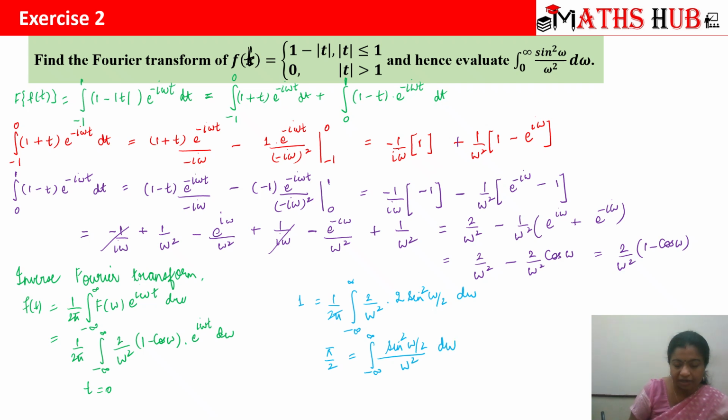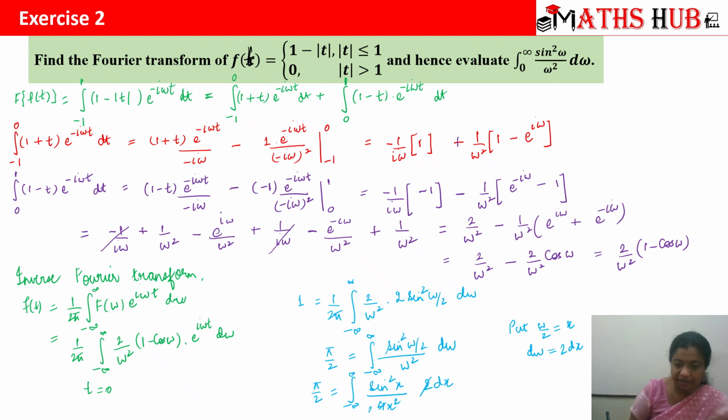omega square d omega. So let us put omega by 2 equal to x. So d omega will be equal to 2 times dx. When I substitute it here, it will become minus infinity to infinity sine square x divided by omega will be 2x whole square, which is 4x square, and this will become 2 times dx.